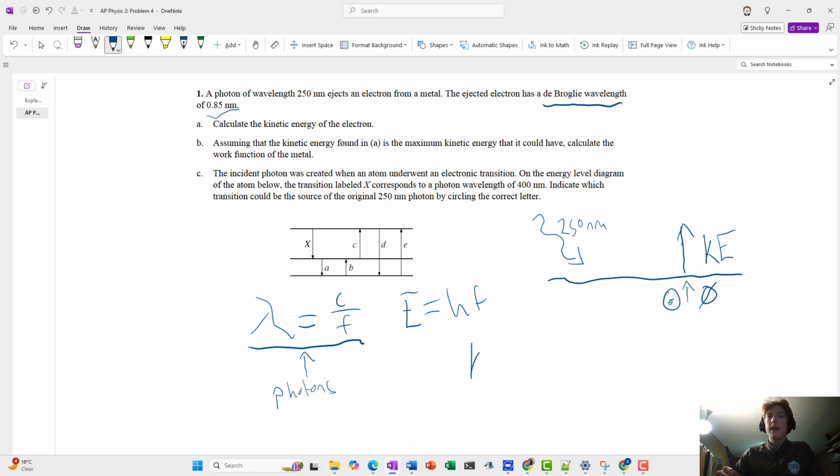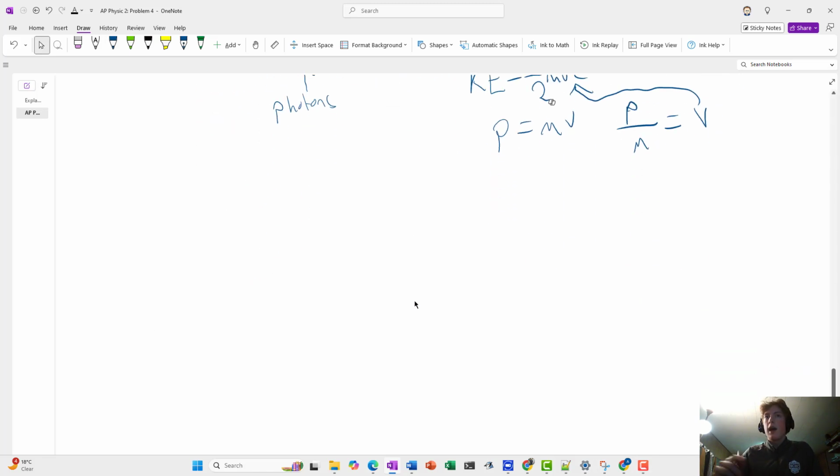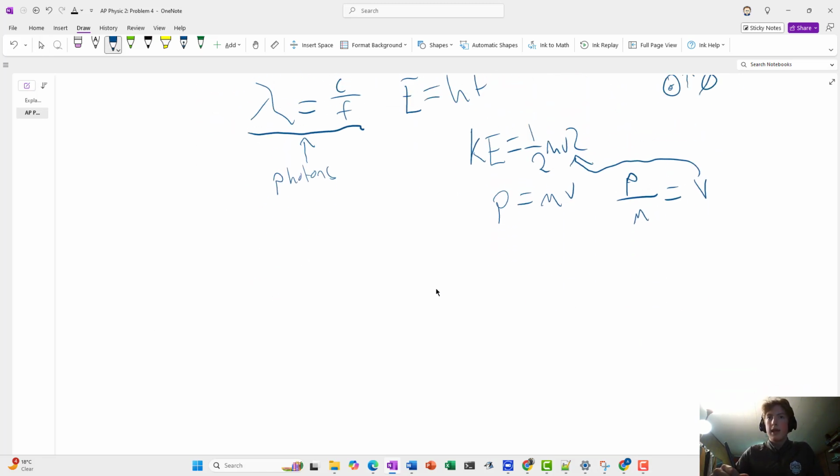Basically, I know kinetic energy is equal to 1/2 mv squared, and momentum is equal to mass times velocity. So I combine these equations. I basically said p over the mass is equal to v. And then if you plug this back into this equation, we get kinetic energy is equal to 1/2 m times (p over m) squared.